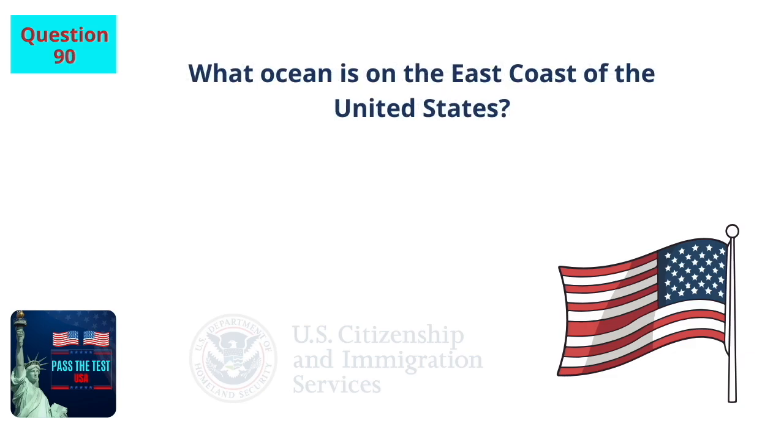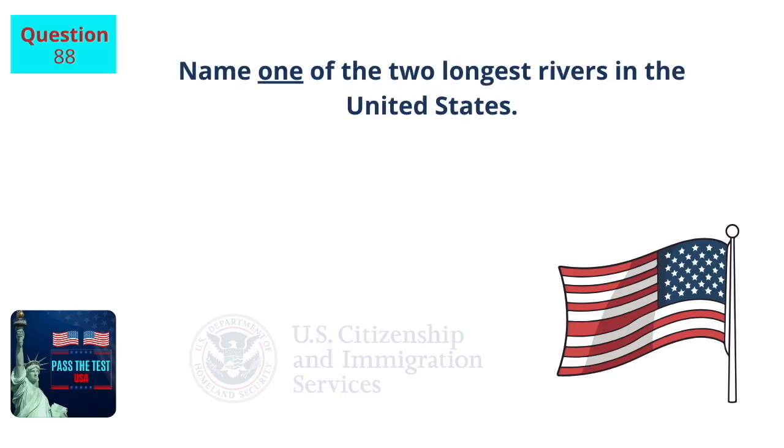What ocean is on the east coast of the United States? Atlantic Ocean. Name one of the two longest rivers in the United States.